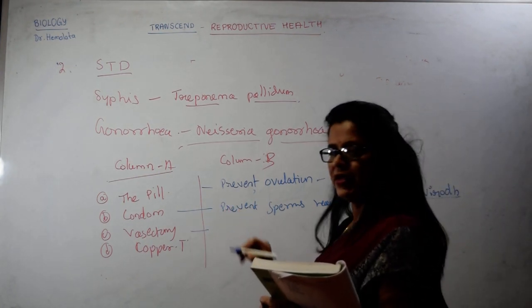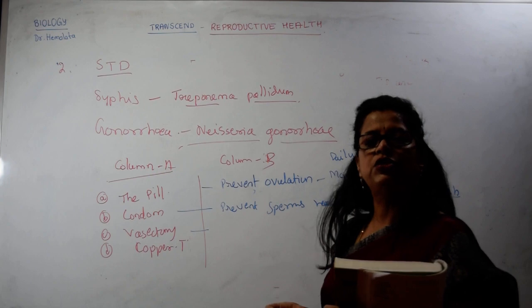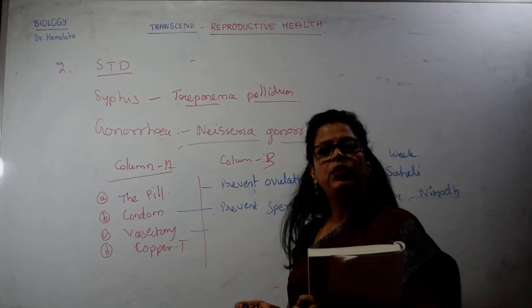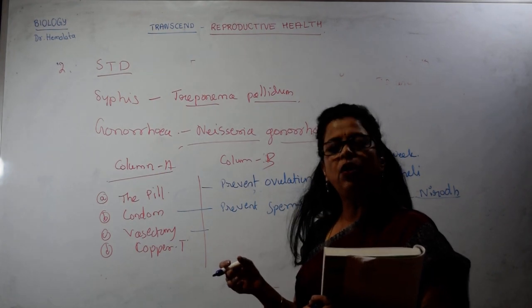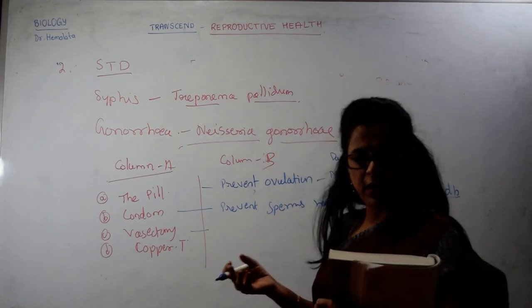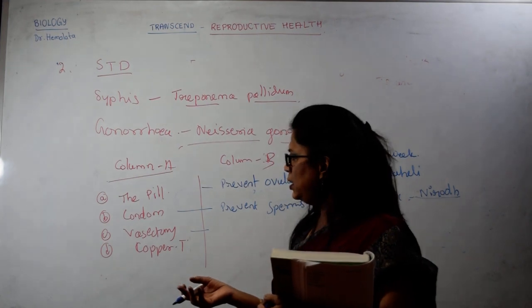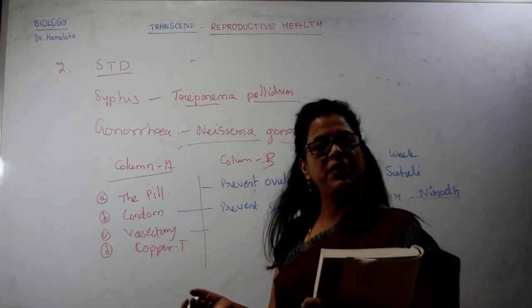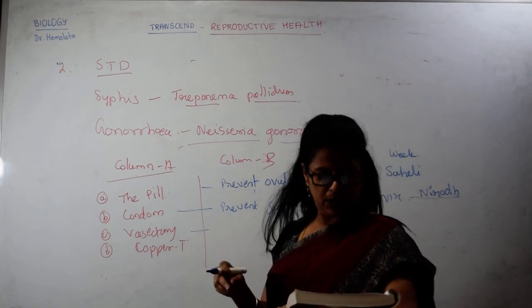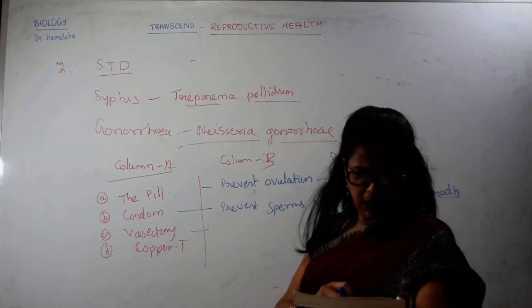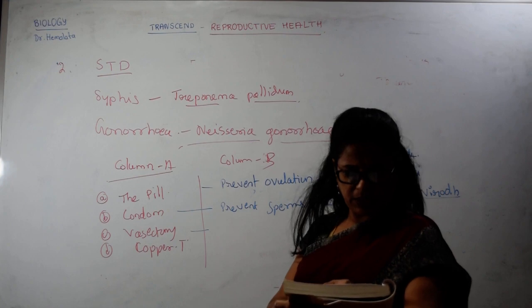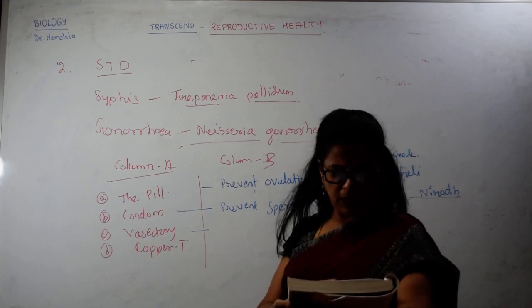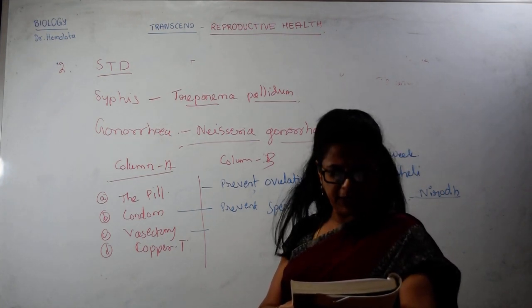Next is vasectomy. You know already, vasectomy is a surgical treatment to permanently avoid fertility, or permanently avoid conception. In vasectomy, as I told you, the vas deferens is cut and tied back. They given here the fourth, that it contains no sperms.